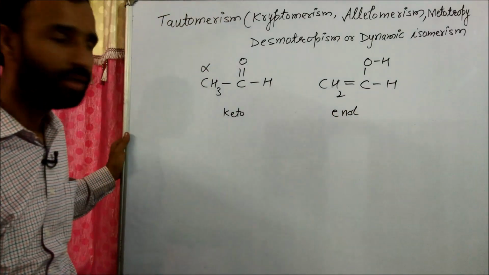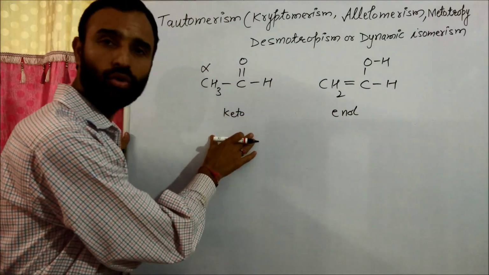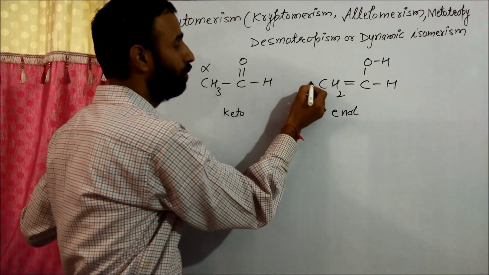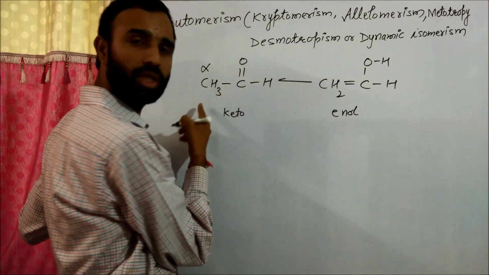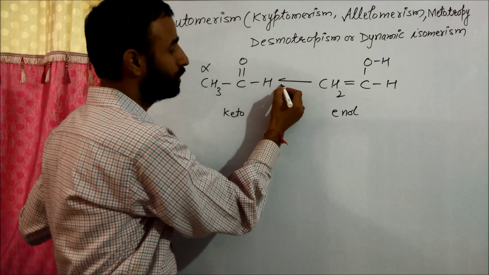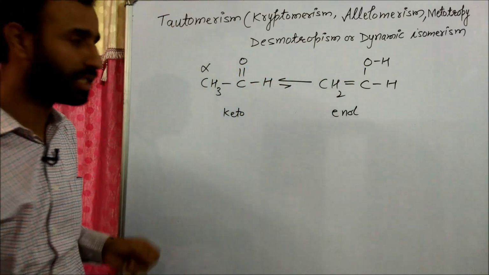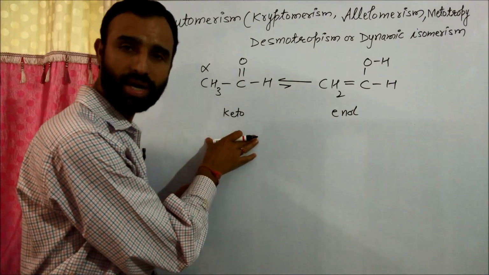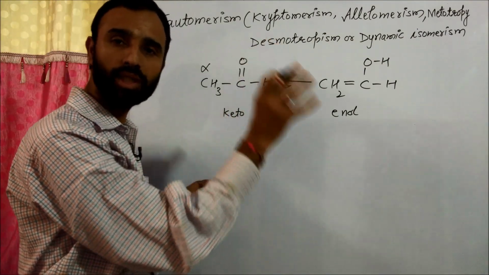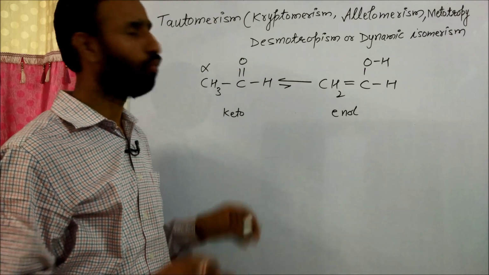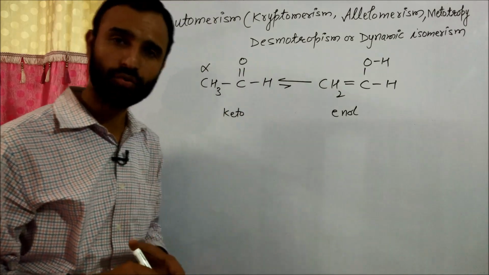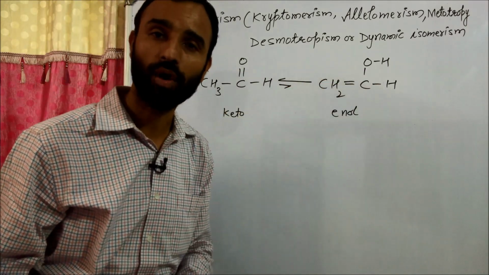But keep in mind, in simple keto form, the equilibrium is largely towards keto form. Means this enol form is very less. Means 99.99% we have keto form. Why is it so? Why is keto form more than enol form?